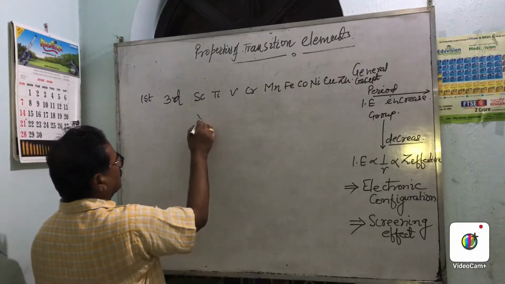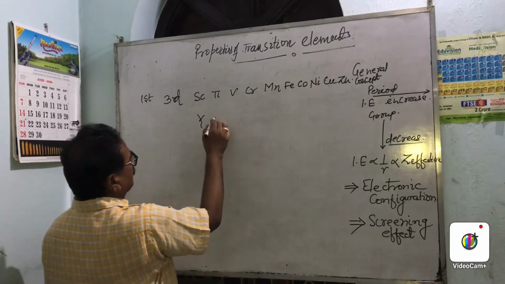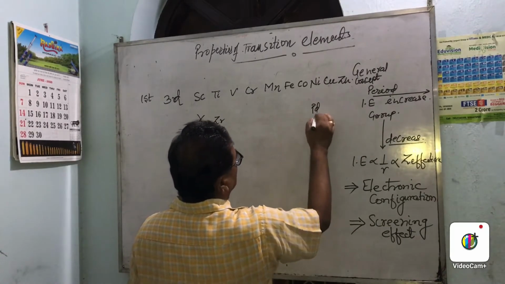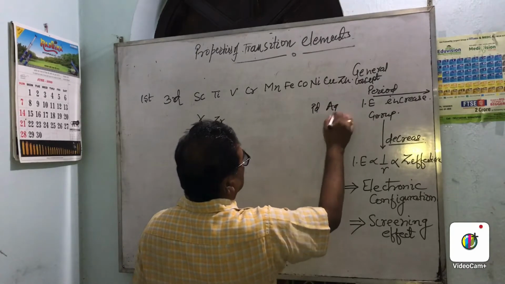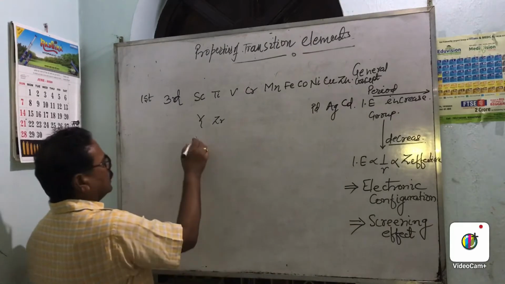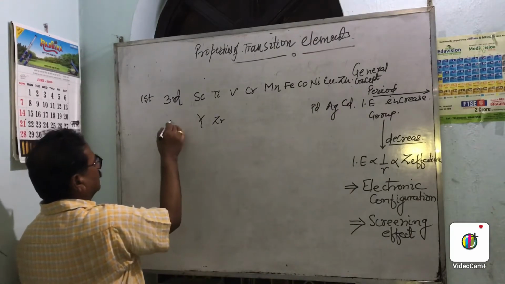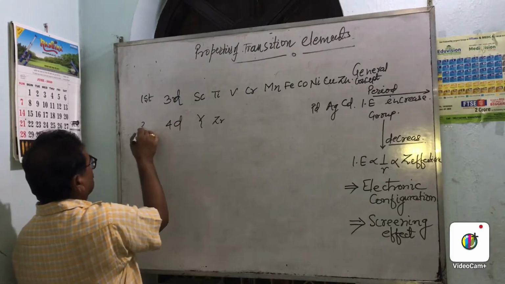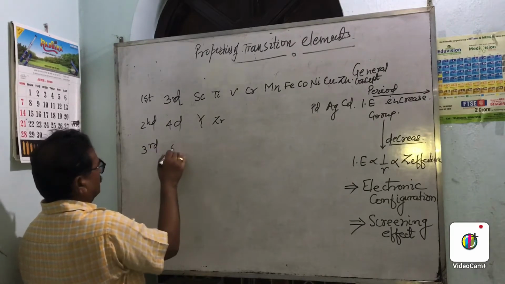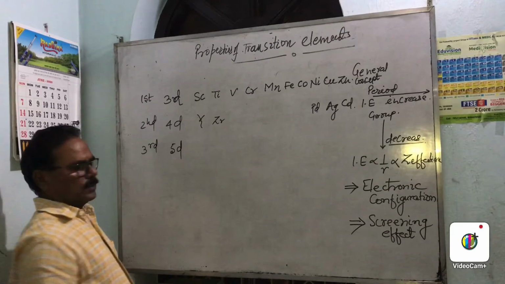Now the second series is yttrium, zirconium, niobium, palladium, Ag, Cd. This is the 4d series, the second transition series, and the third is the 5d series.